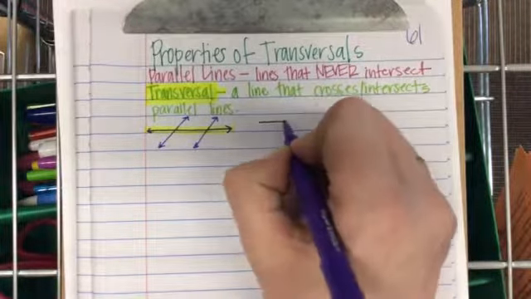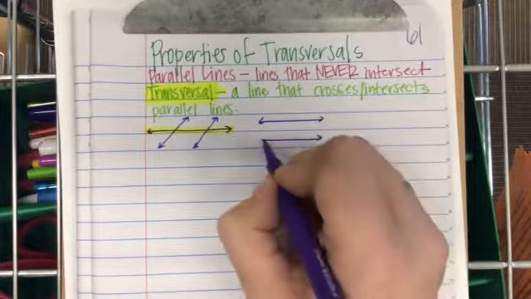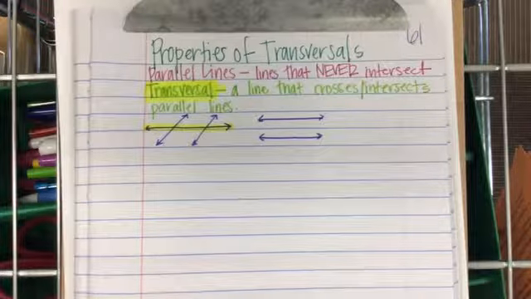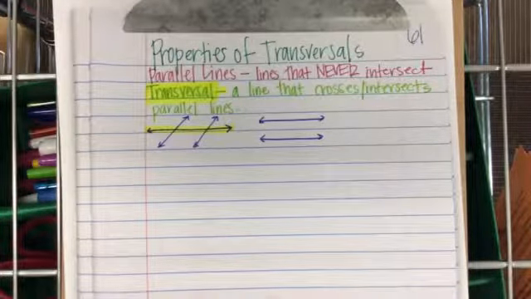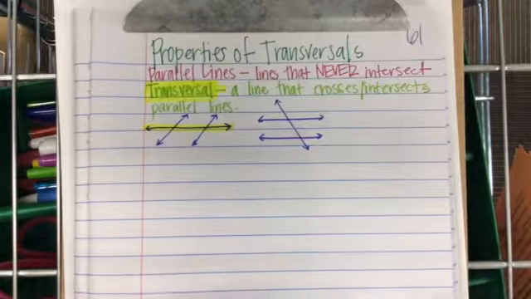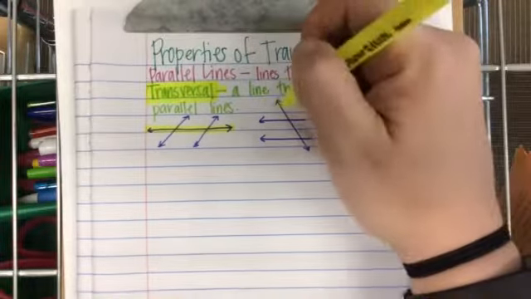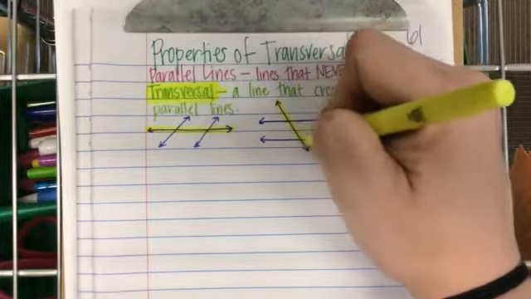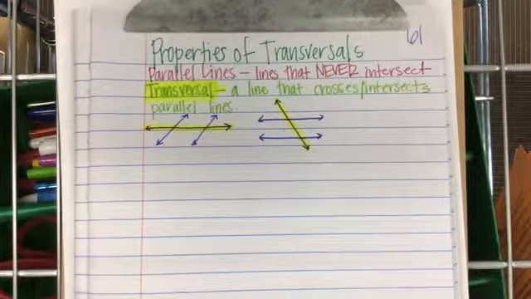All right, what if I had parallel lines that were horizontal instead of diagonal? Do you think those could have a transversal? Yes. There's my transversal, because it crosses the parallel lines.